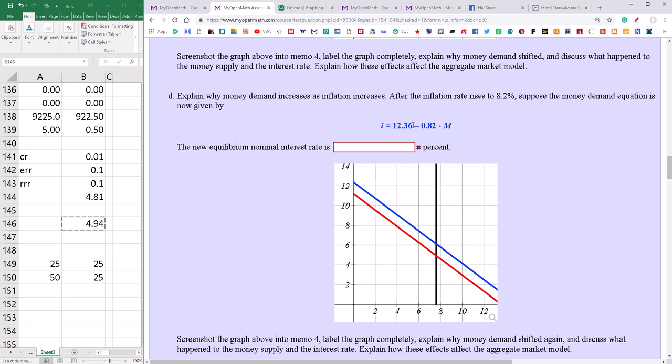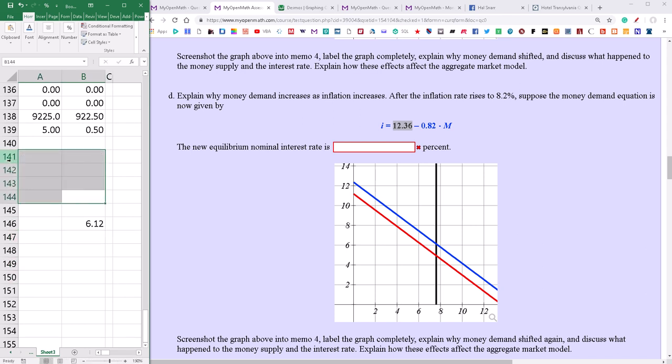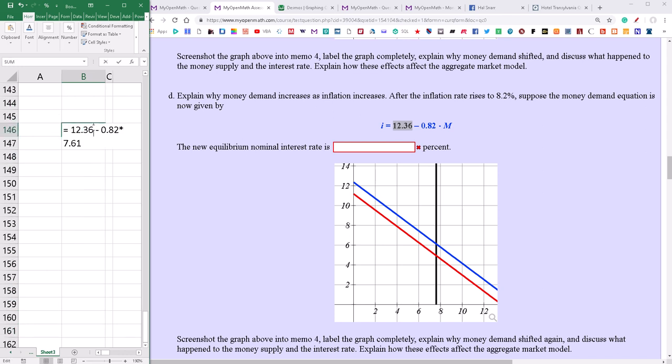So all I have to do to calculate this new interest rate is change the intercept from 11.18 to 12.36. Let me go ahead and delete all this stuff here too. So all I'm doing here is plugging the quantity of money, 7.61, into this new money demand equation. The 7.61 is constant. The slope is constant. The only thing that's changing is the intercept. And that raises the interest rate to 6.12.